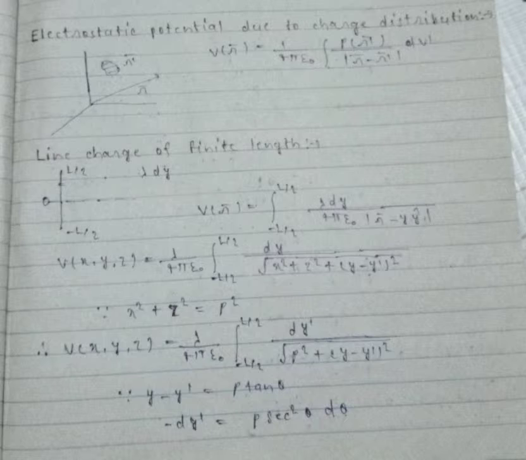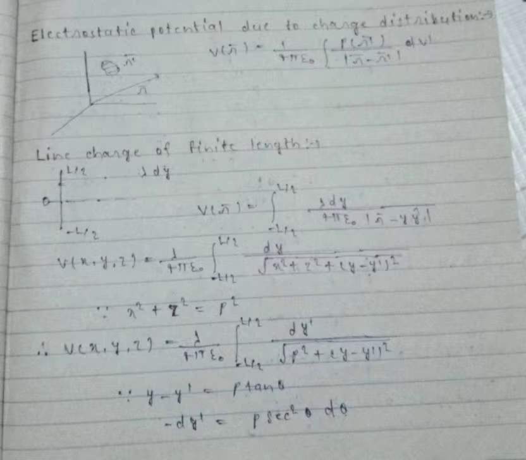All I have to do is calculate the potential due to this small charge lambda dy: lambda dy over 4 pi epsilon 0, and the distance of that point from r is going to be r minus y unit vector, and just integrate, with y varying from minus L by 2 to L by 2. No components, nothing, just one calculation. So, let us just do that.